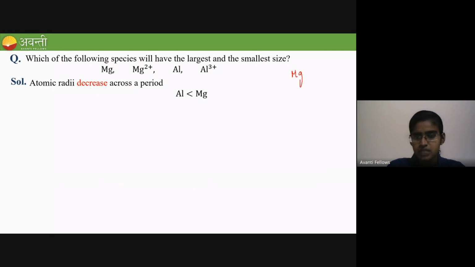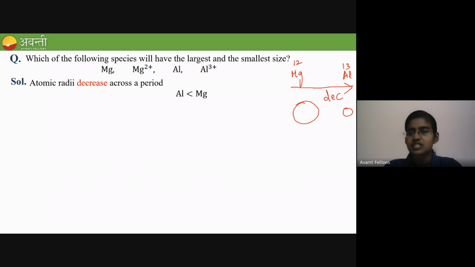Magnesium's atomic number is 12, and it comes under the s block. Aluminium, whose atomic number is 13, is in the p block. Both belong to the third period, right? Now across the period, size decreases. So when you compare magnesium and aluminium, magnesium will have the largest size. Magnesium is the smallest. Al3+ is the largest.